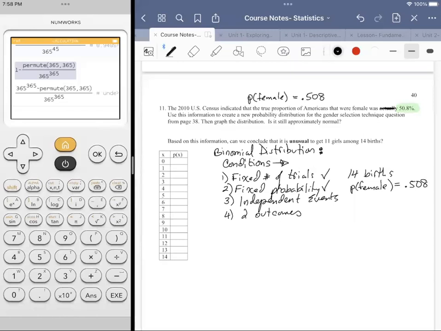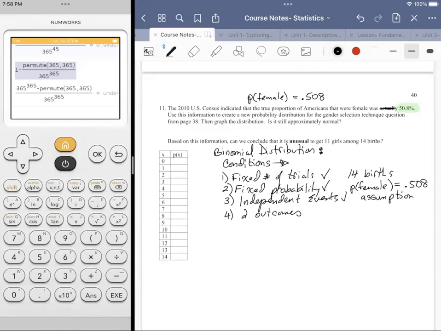So independent events would be the chances of the first person having a female would not impact the chances of the second person having a female child, or the third person, or the fourth person, and so on down to the 14th person. So that's a reasonable thing to assume. So this is an assumption because we don't know that for a fact, but it's reasonable to assume that it's the case.